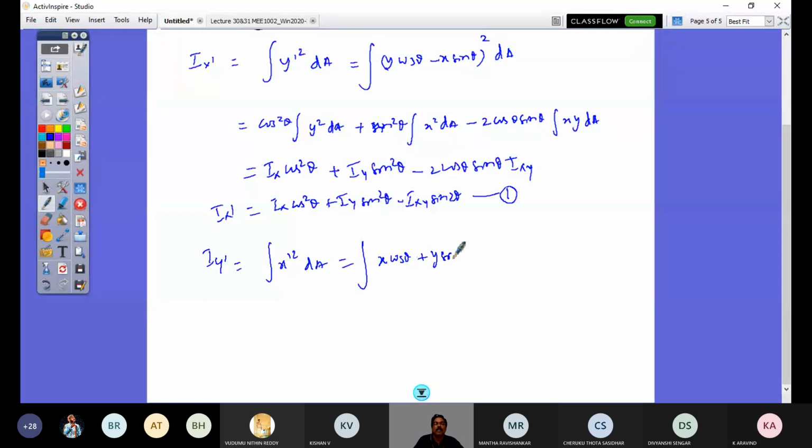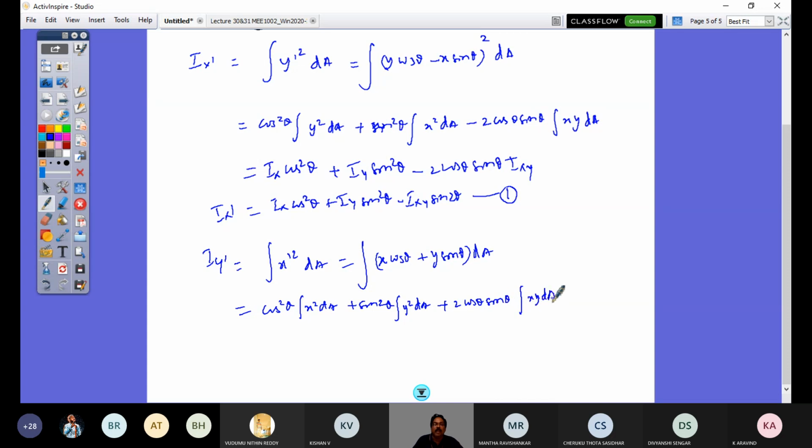If I work this out in a similar way, I will have cos square theta integral x squared dA plus sin square theta integral y squared dA plus 2 cos theta sin theta into xy dA.